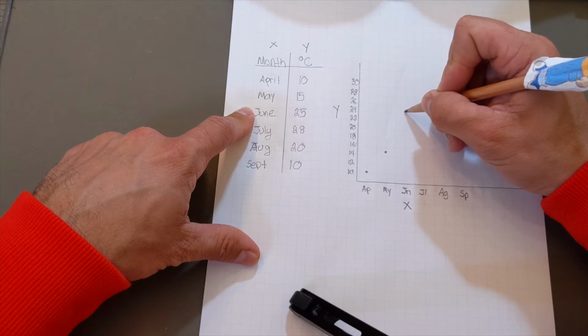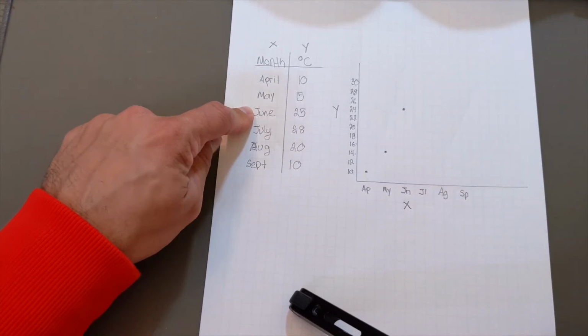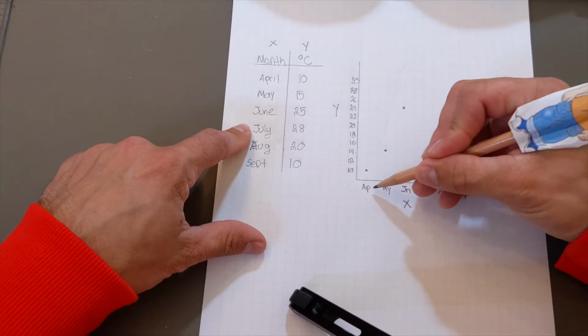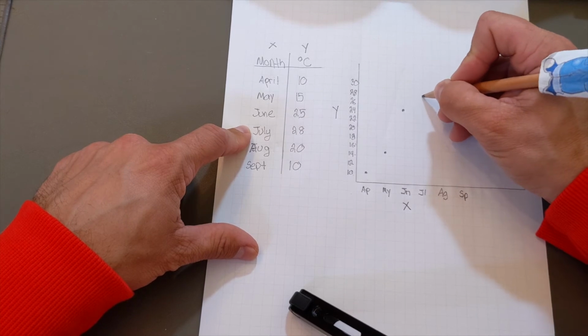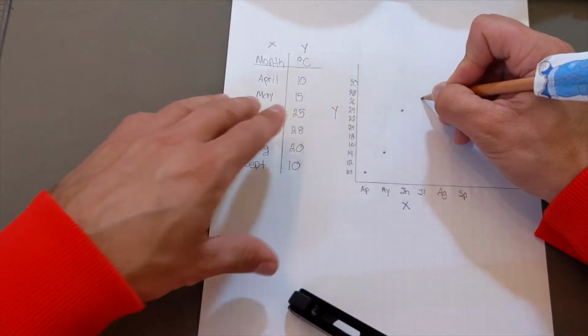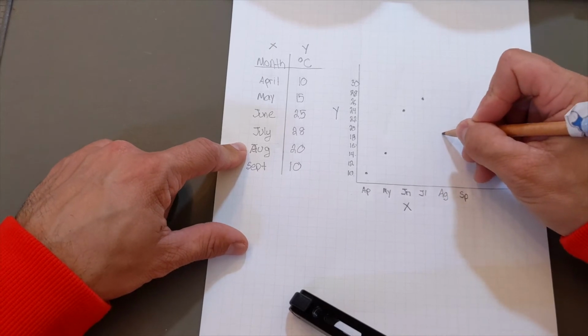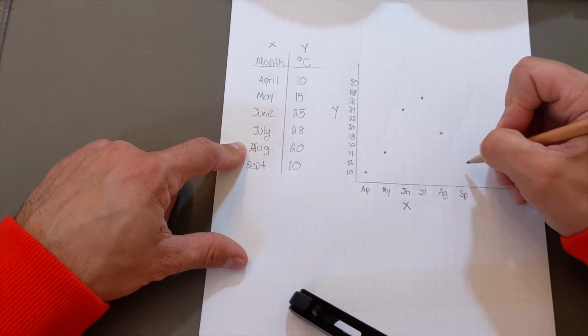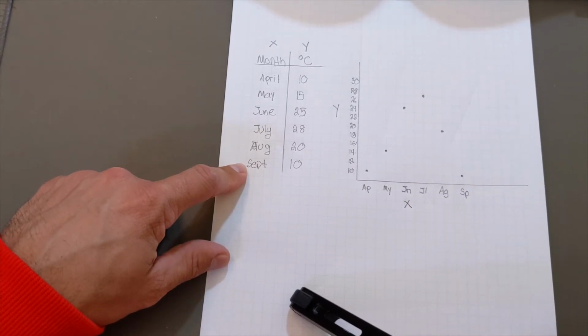Again, I have a 24 and a 26, no 25, so I'm just going to put it right in the middle there. July, our average temperature is 28. August, our average temperature, we'll pretend was 20. And then September, our average temperature, we'll pretend is 10.